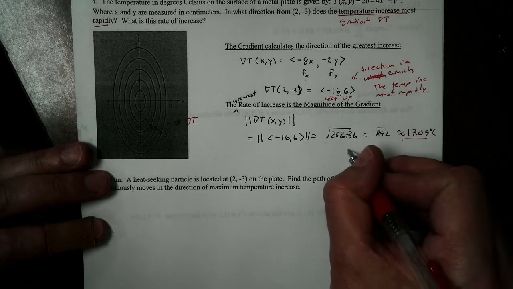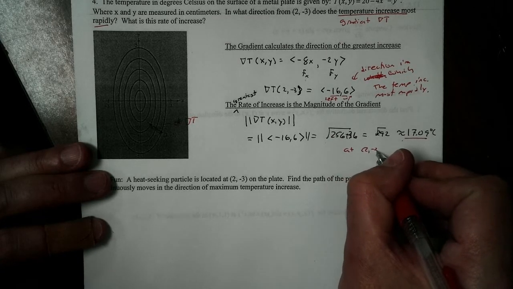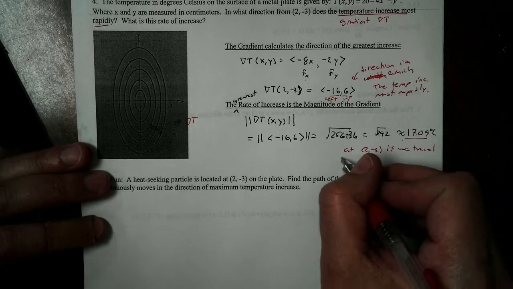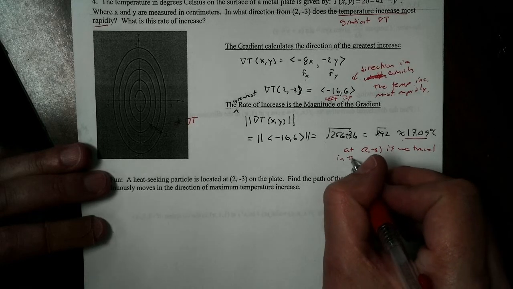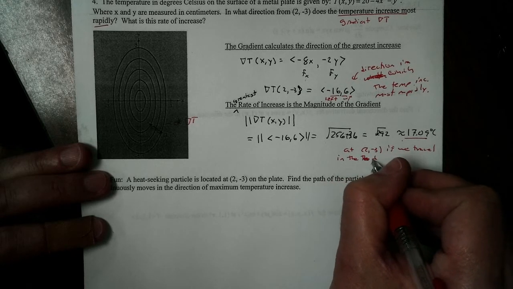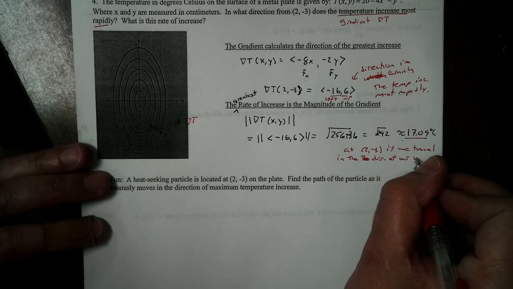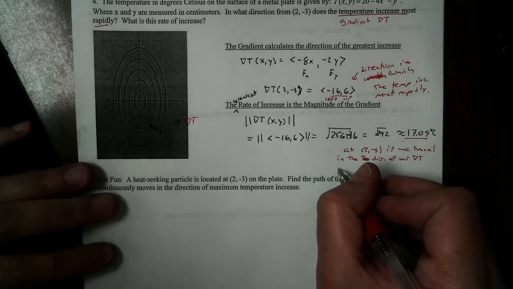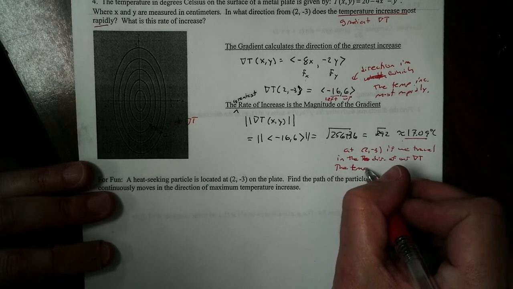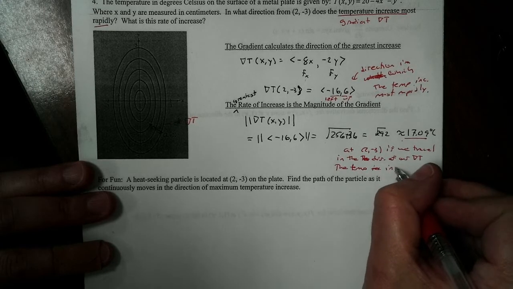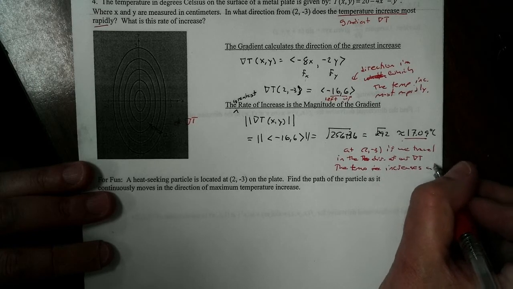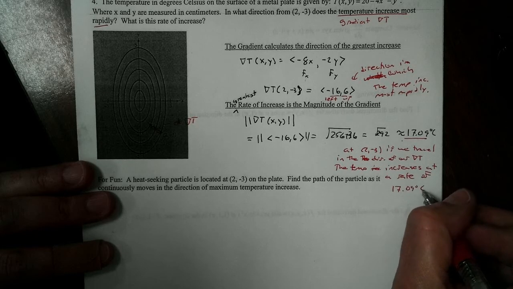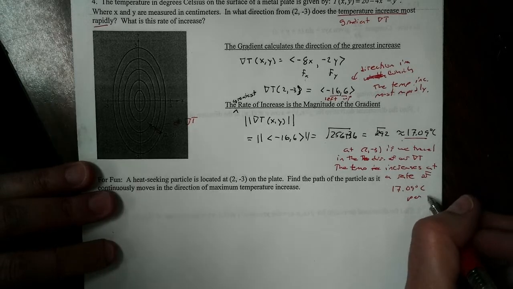What this is telling us is at the point (2, -3), if we travel in the direction of our gradient del T, the temperature increases at a rate of 17.09 degrees Celsius per centimeter.